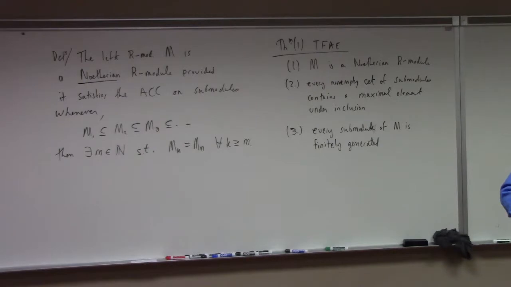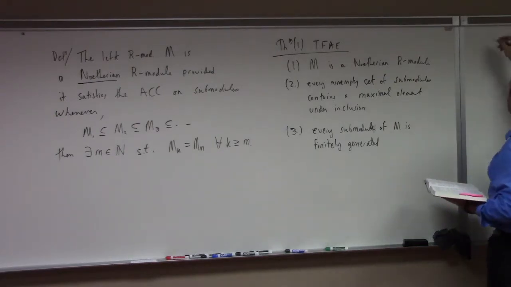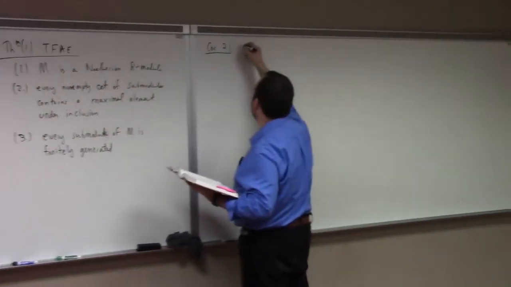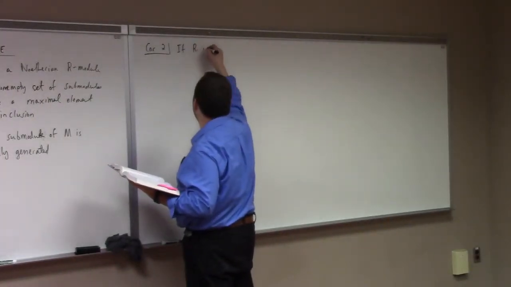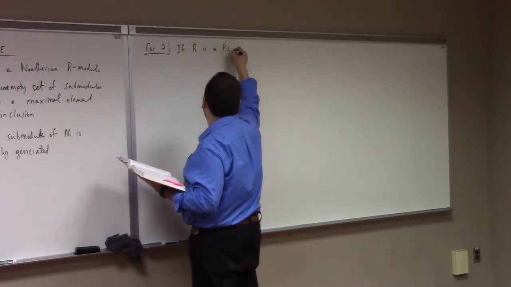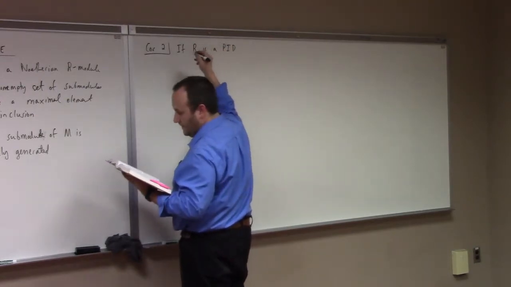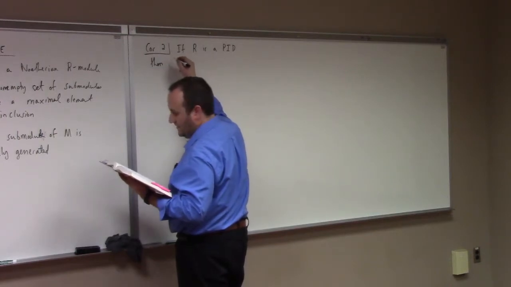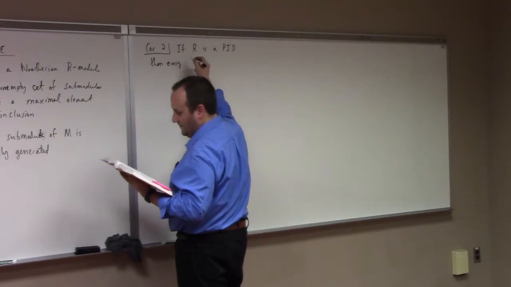Corollary 2. If R is a PID, what's that mean? Principal ideal domain, we have a winner, yes.